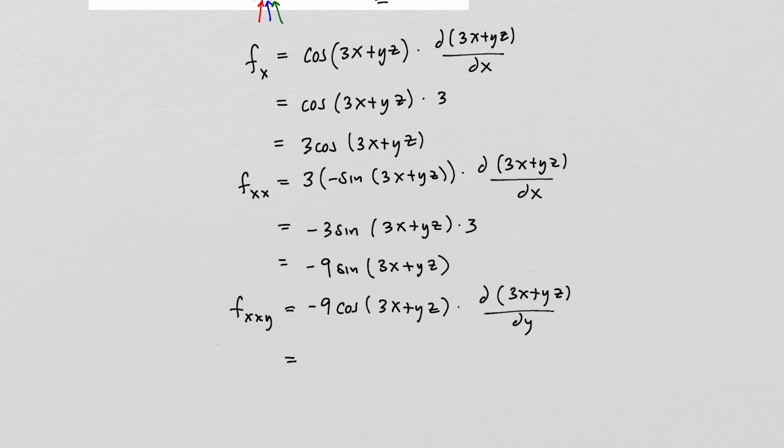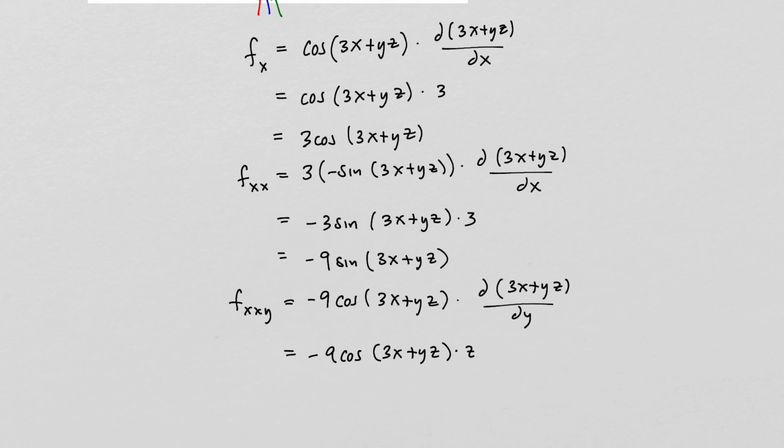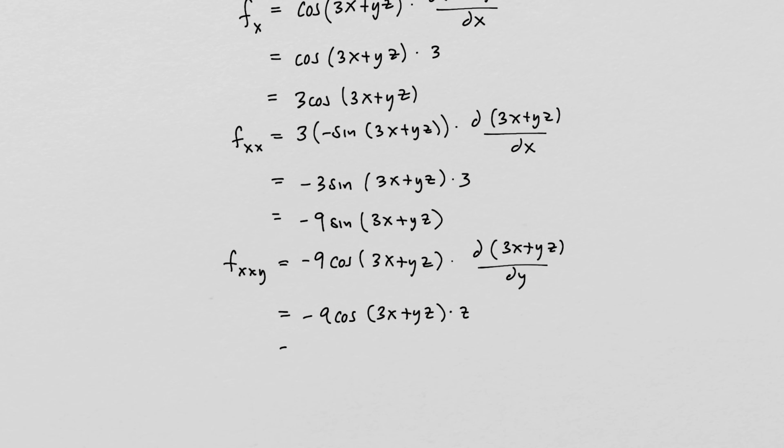So this is going to be negative 9 cosine of 3x plus yz multiplied by, what is the derivative with respect to y of 3x? It's 0. What's the derivative of yz with respect to y? It's z. So this is equal to negative 9z cosine of 3x plus yz.